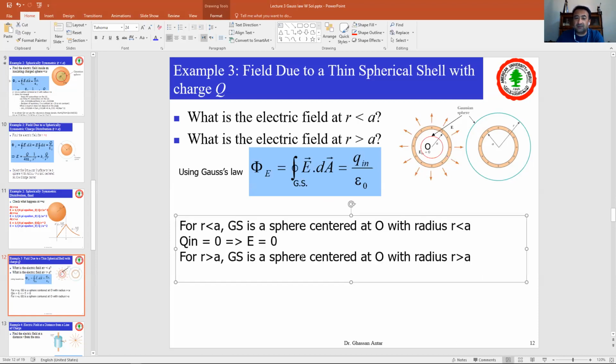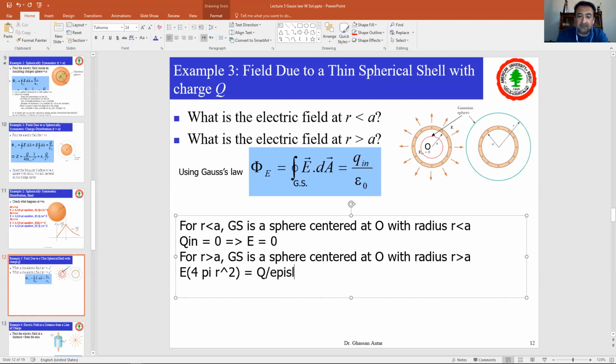I choose the Gaussian surface, and consequently the left-hand side will be E multiplied by 4 pi r squared, equal to the charge inside, which is Q divided by epsilon 0. And consequently, my E is equal to 1 over 4 pi epsilon 0, which is k e, times Q divided by r squared.